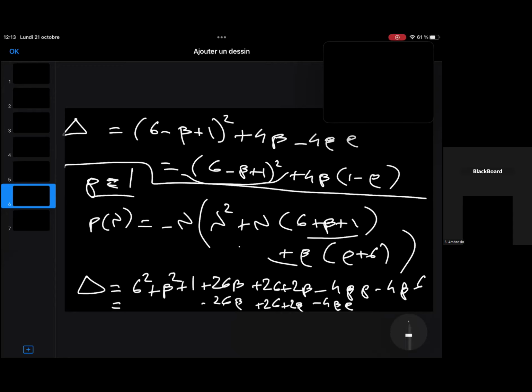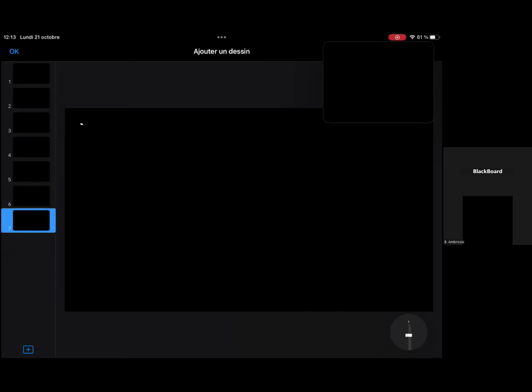Right. And so when I compute the eigenvalues, zero is a root, and the other two are real negative.